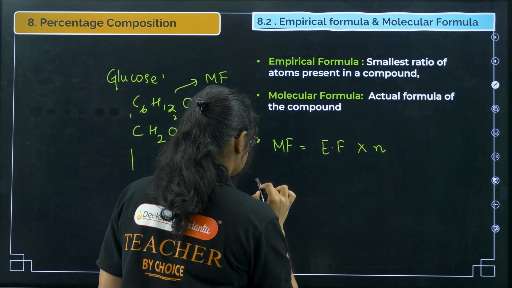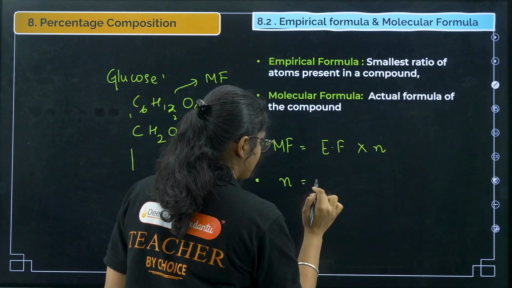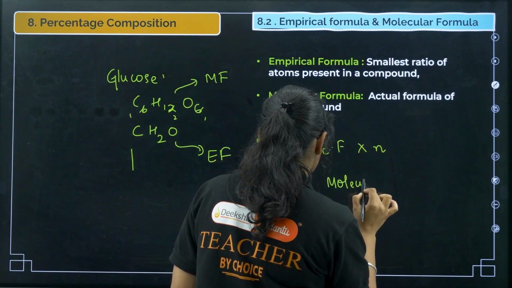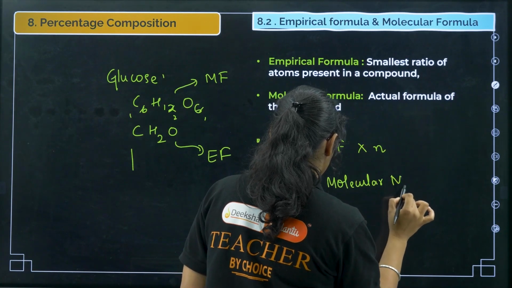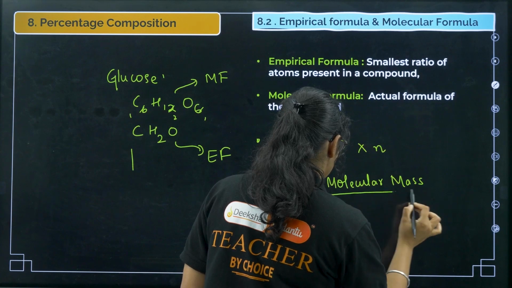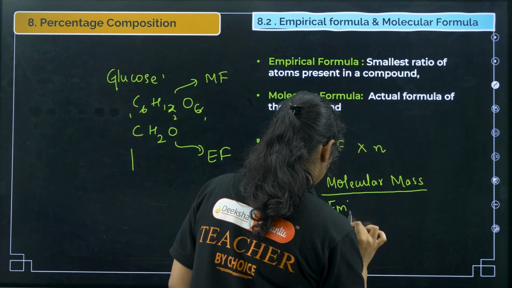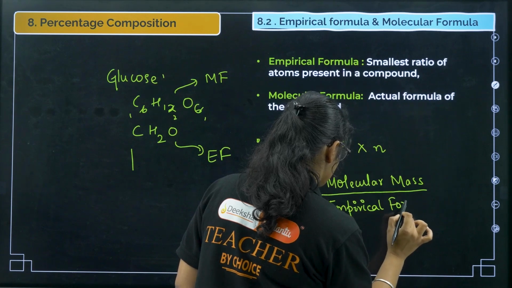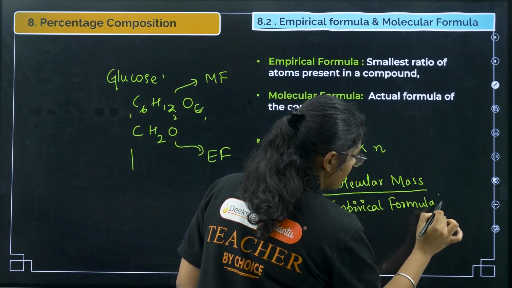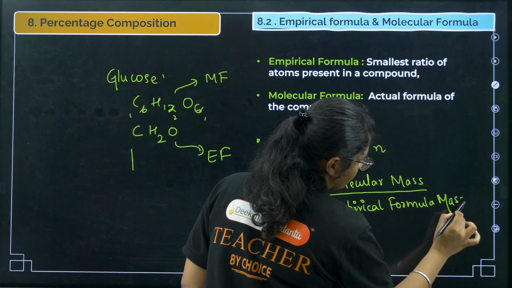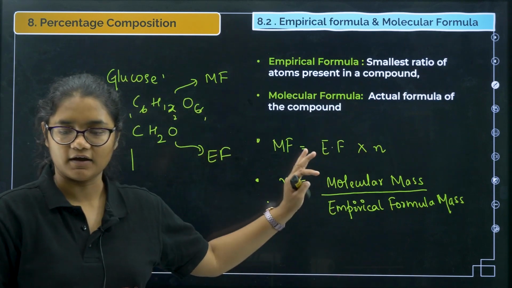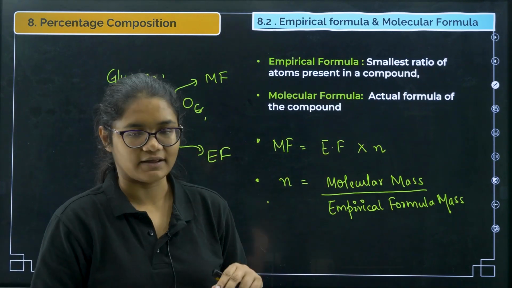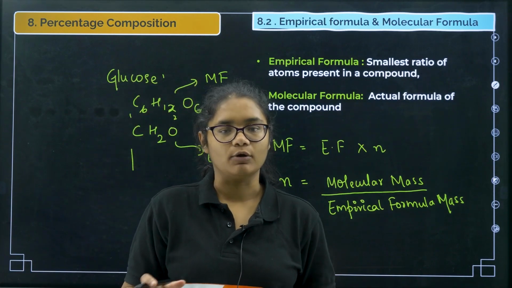So N is equal to molecular mass divided by empirical formula mass. Okay, we'll discuss these formulas with questions, it will be more clear. But now first understand the definition of empirical formula and the molecular formula.